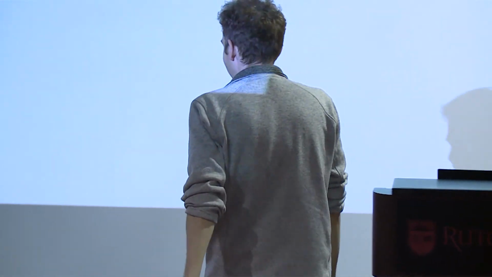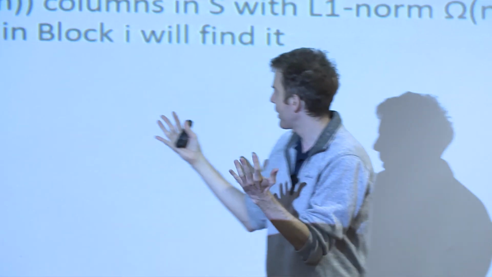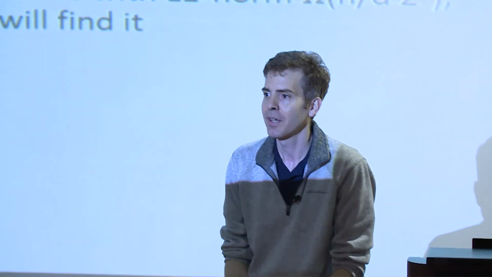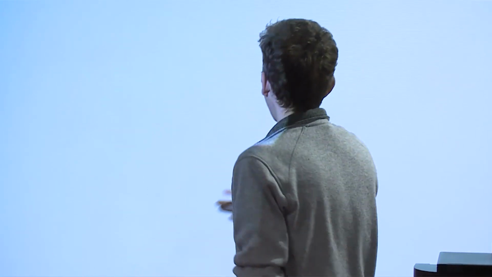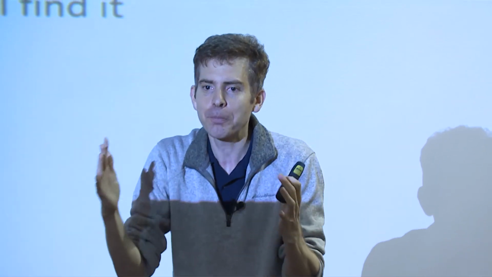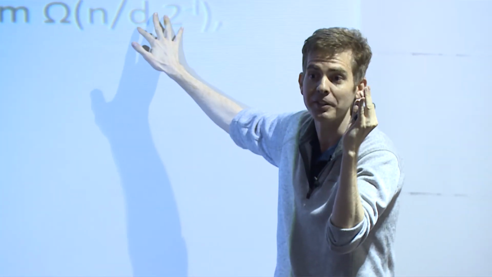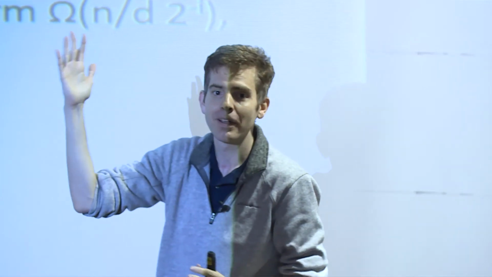And if I touch it, then I'm in really bad shape. Why? Because if I touch one of those columns with my non-zero entry, what is S times the vector? Well, it's the sum of the columns it touches scaled by Gaussians. And if I touch a column with L1 norm at least n over d over 2 to the I, I might touch more than one, and I'm going to add them up. But with good probability, the 1 norm of that sum is going to be at least the 1 norm of one of those columns I touched. I'm adding up a bunch of columns.